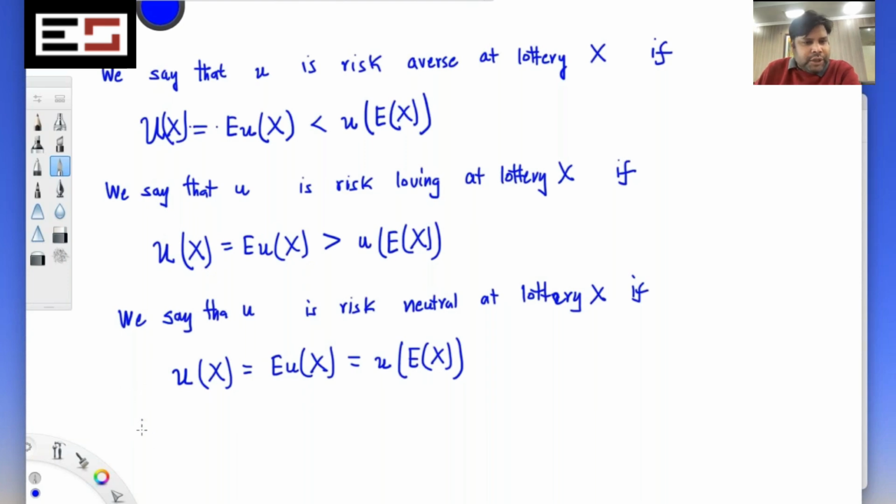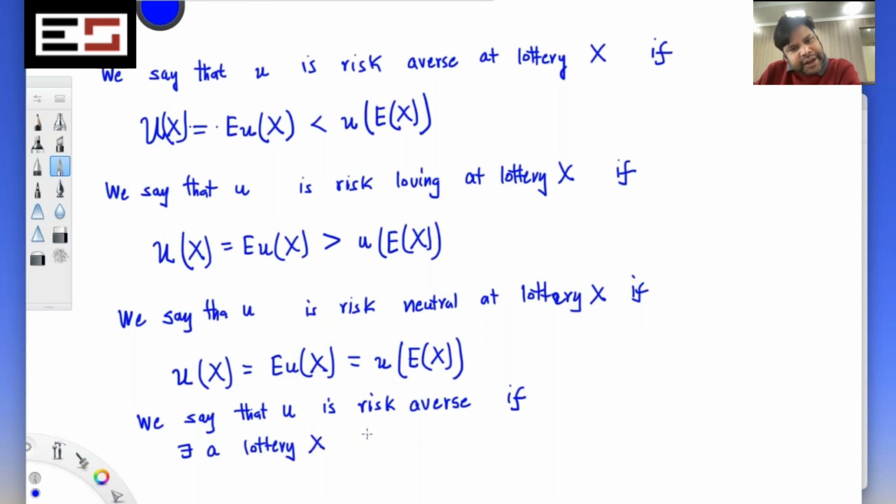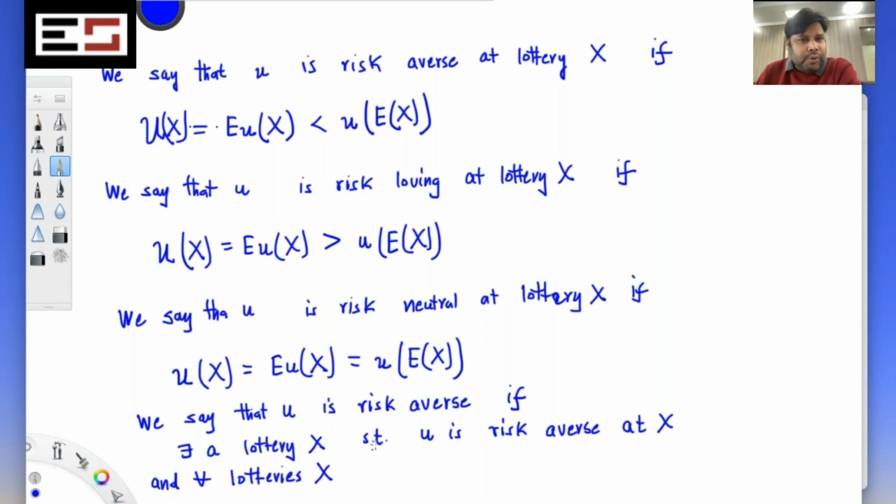We say that u is risk averse if there exists a lottery X such that u is risk averse at X, and for all lotteries X, the following holds: utility from X must be less than or equal to utility from the expected value of X. So basically, this inequality becomes weak.